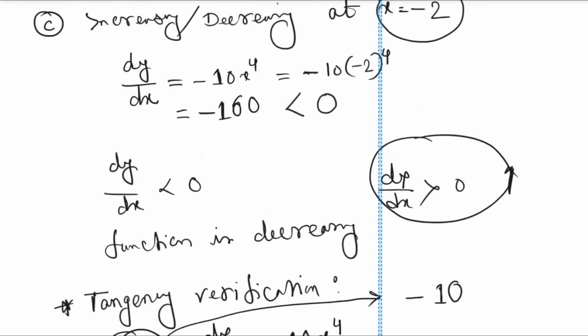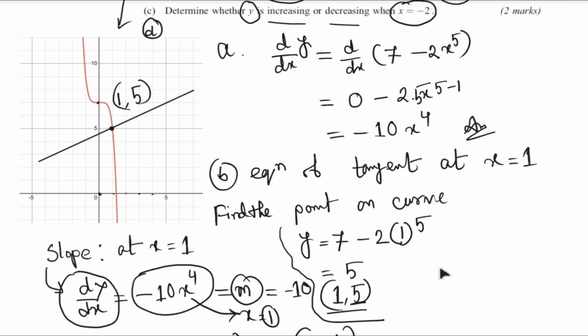Let's have a look at the graph. In the graph, here is the point, and maybe another point on the negative side, x is equal to minus 1. So maybe this point. Let's check whether this point is correct or maybe this point is correct, right?